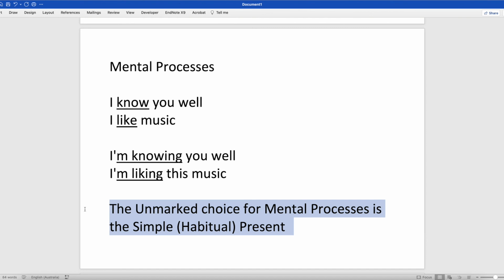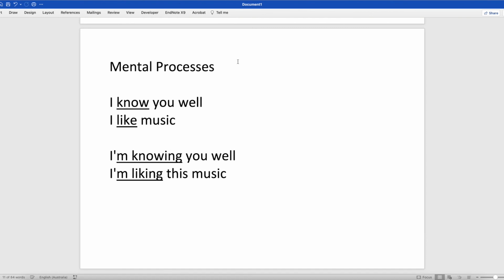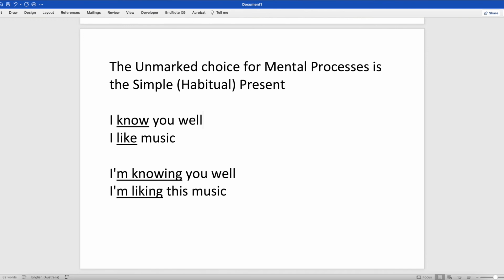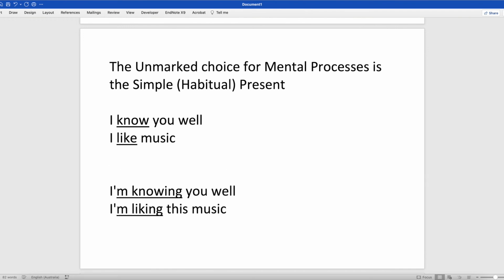So that's our little statement there. And of course, the marked choice, the choice in which we give some special interpretation, some special significance to the sentence.